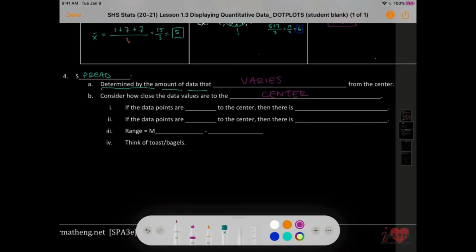If the data points are close to the center, then there's little spread. And if the data points are far from the center, then there is more spread.